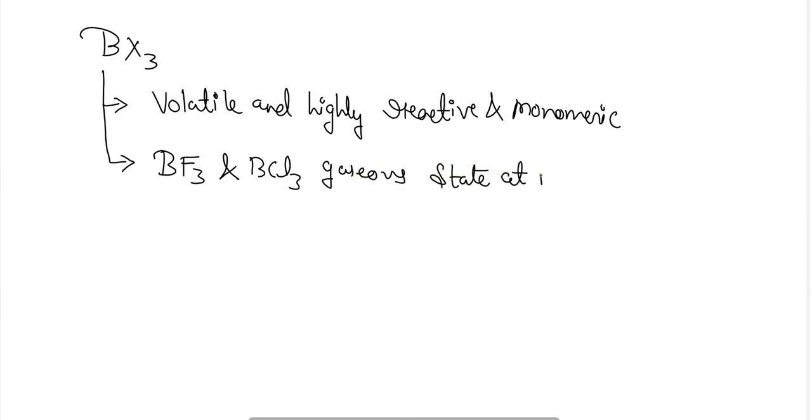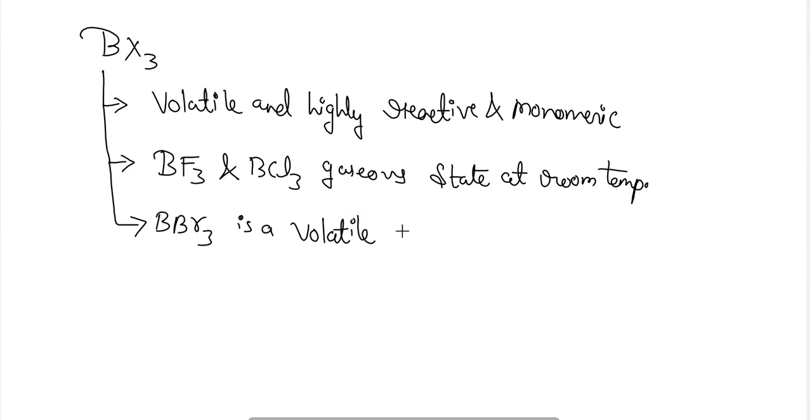BBr3, boron tribromide, is a volatile, very reactive liquid that will readily convert to gaseous state, while BI3 is a solid.